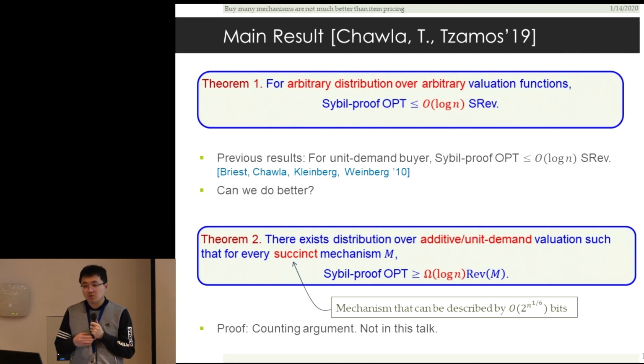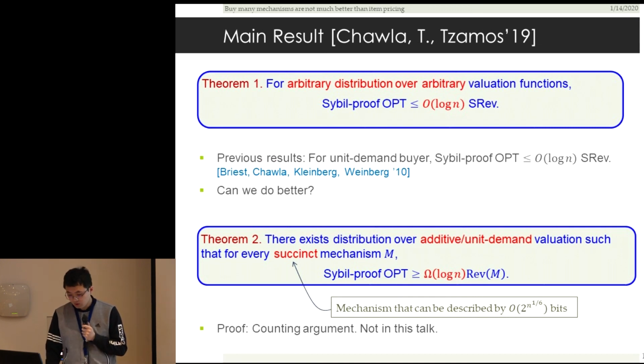In contrast, to get an O(log n) approximation, we only need item pricing, whose description complexity is almost linear in n. The proof of this lower bound highly relies on the description complexity of the value distribution being very large, exponential, and it is proved using a counting argument that will not be included in the talk.